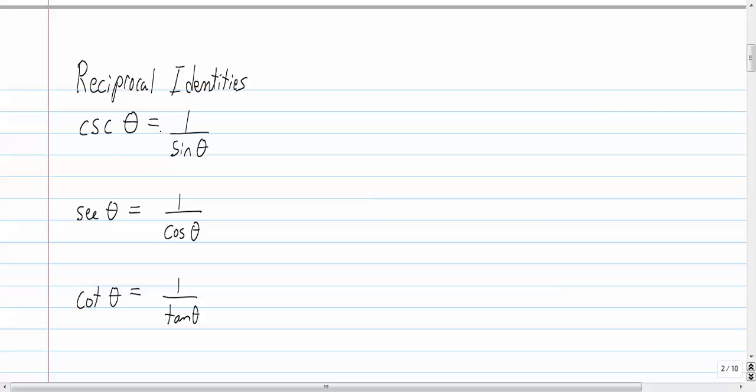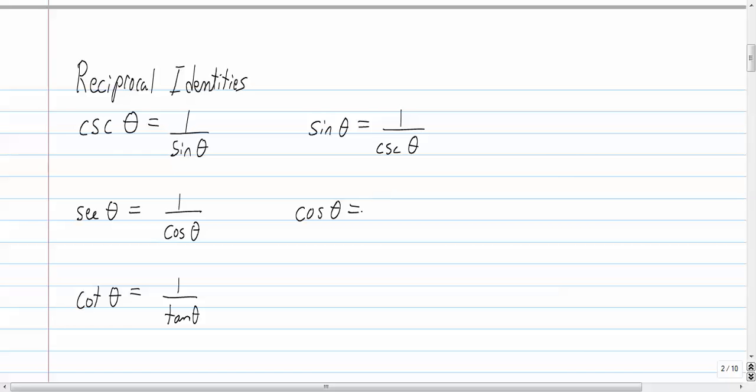If cosecant of theta is equal to 1 over sine of theta, that means that sine of theta is equal to 1 over cosecant of theta. So pretty much if you can list one of these, you can list the other, but they are very important in my opinion.